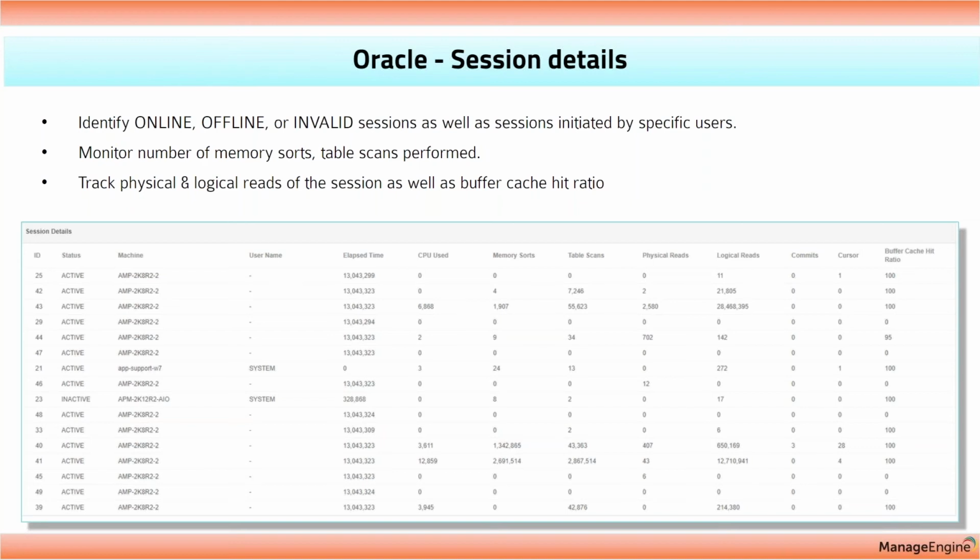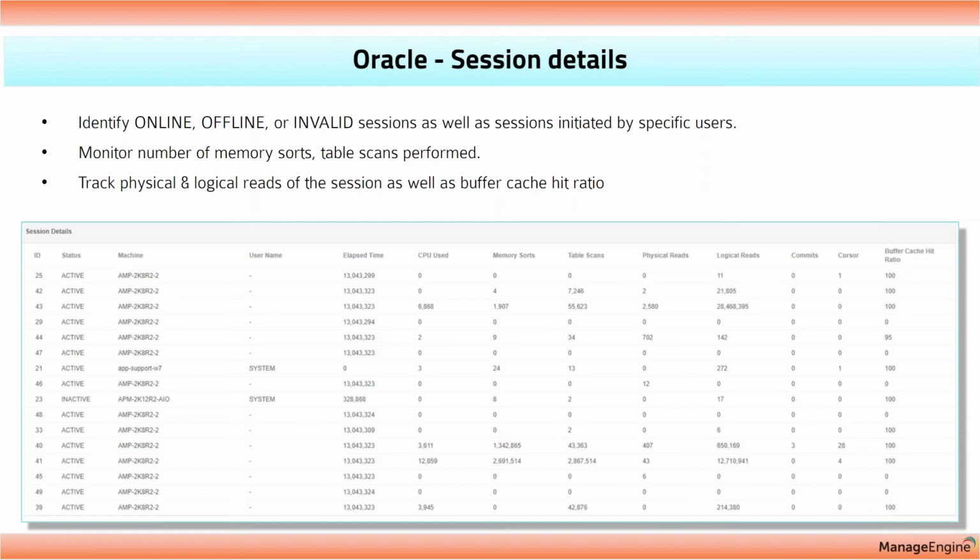This is something you will notice with an application that grows over a period of time. When it is first released, the performance would be great, but as time goes on, more data is added and the scans take longer to process. So tracking these physical and logical reads along with the buffer cache will definitely help you reduce those kinds of problems.